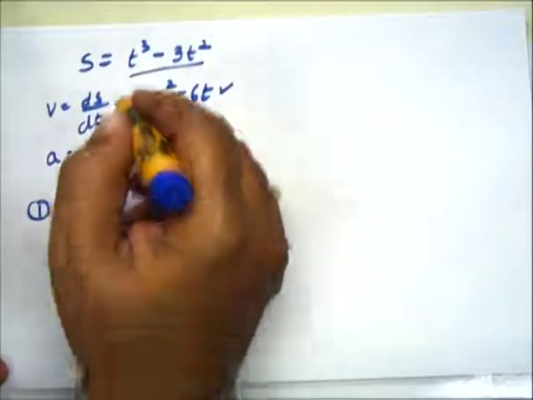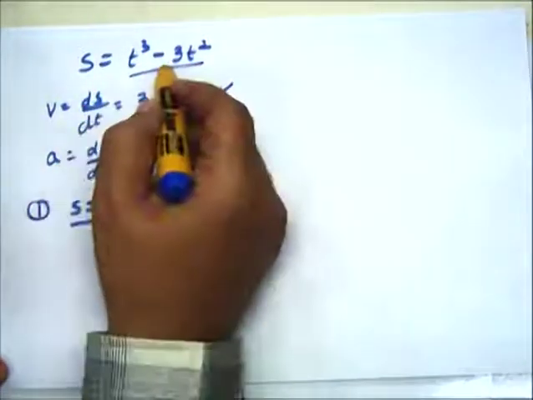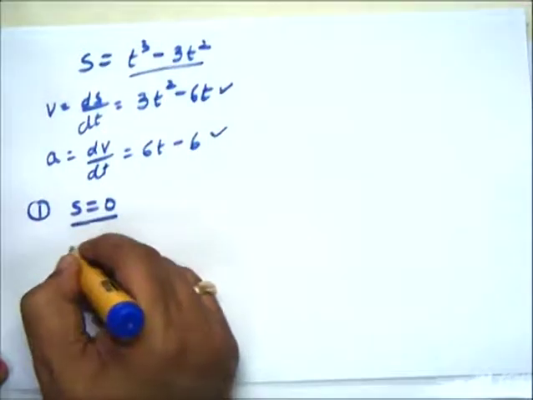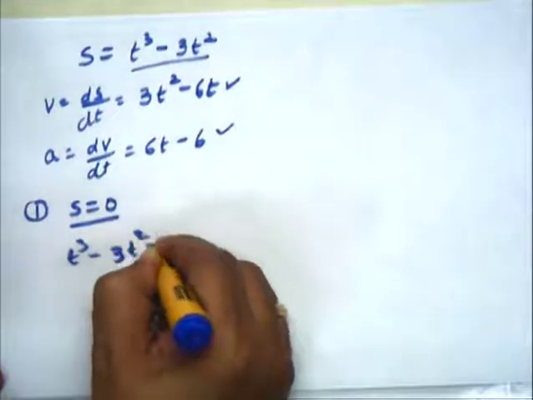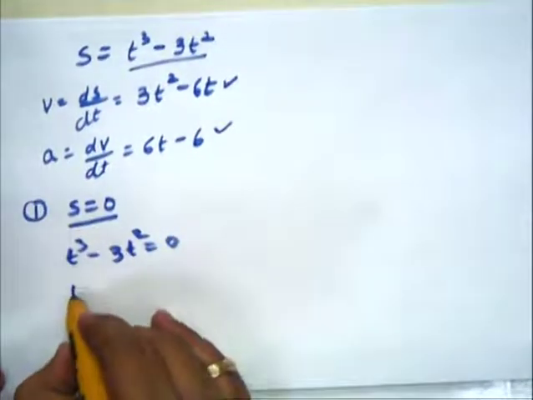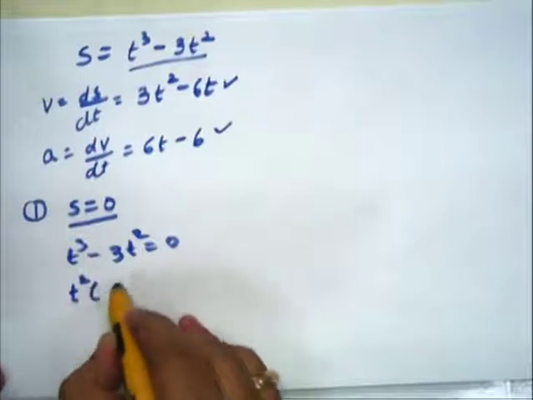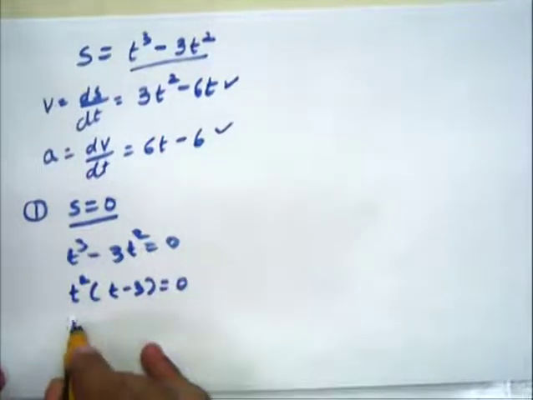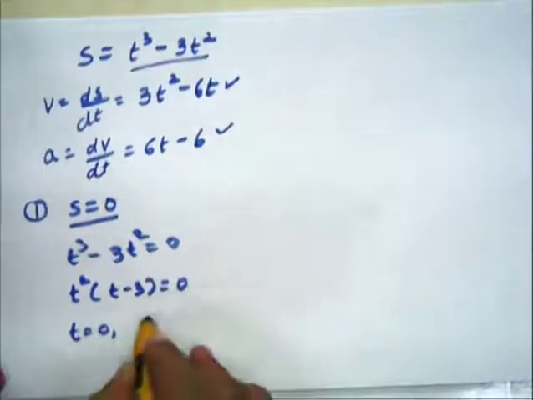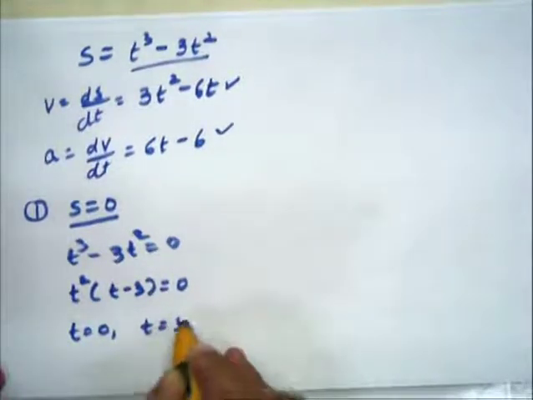So if we take S equal to 0, here we have t cube minus 3t square is equal to 0. If we take t square common, we have t minus 3 is equal to 0. So we can say either t is equal to 0 or t is equal to 3 units.